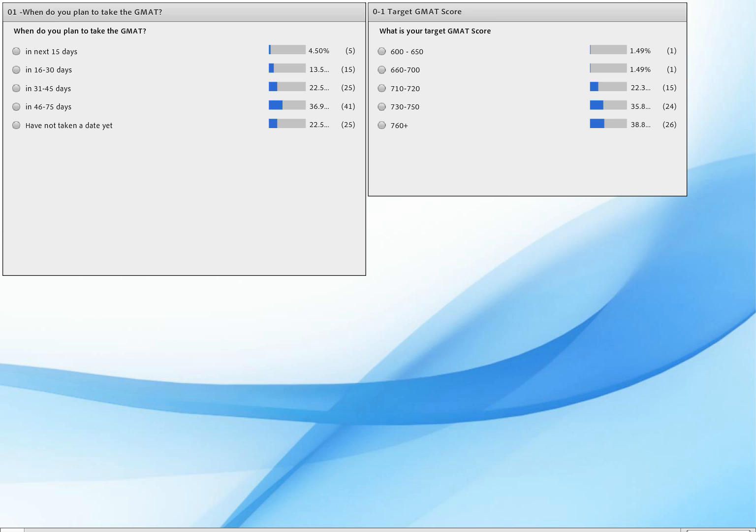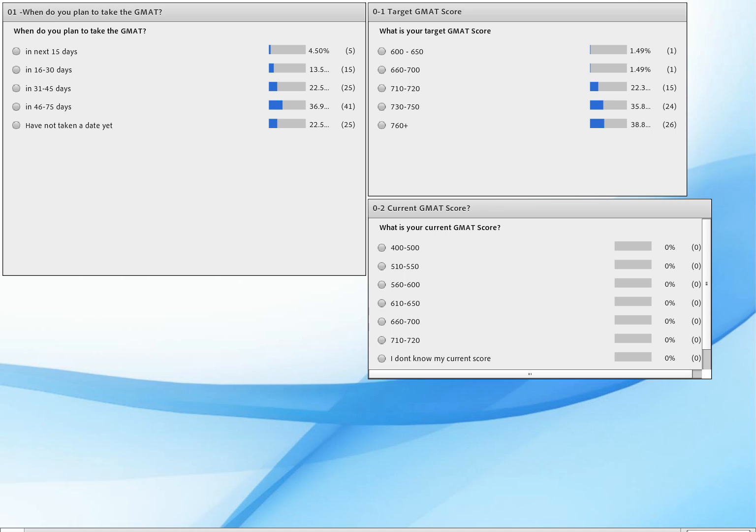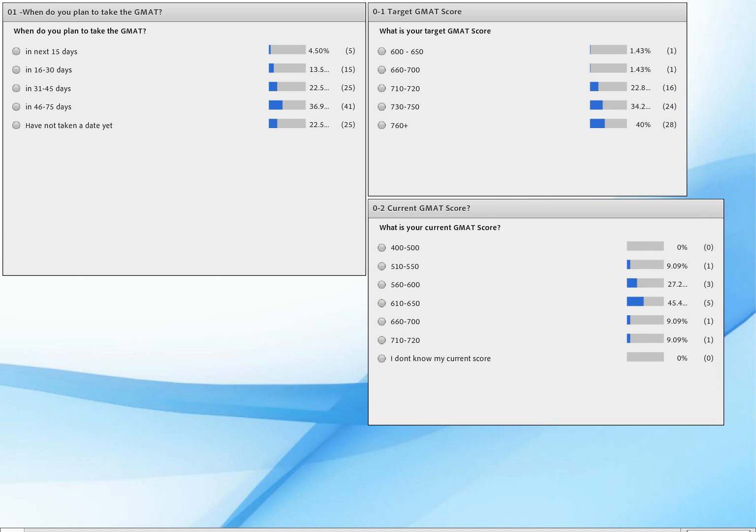Now, with regards to the target GMAT scores, let's get a few more data points, and then let's also figure out what your current GMAT scores are. What I really see is two almost similarly sized groups, a good number of you aim to score a 760 or higher. That's really good.